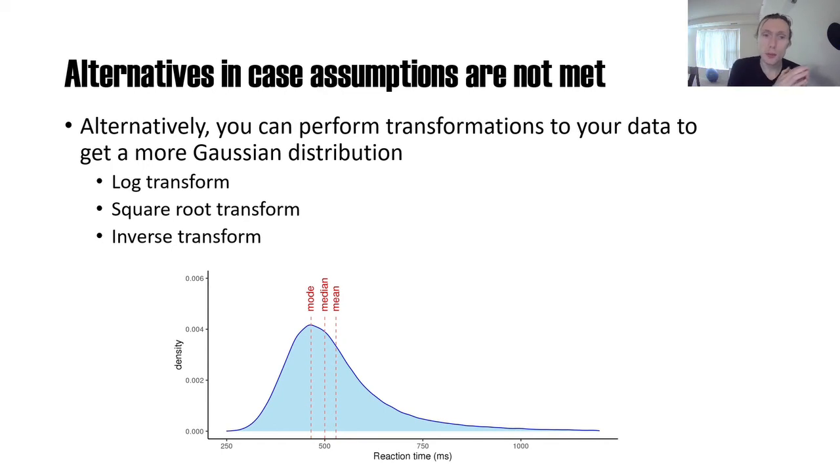And then you would get a more normal distribution as well. And then you can do statistics on this log transformed data. And you will see this in a lot of papers that use reaction time. You will see not reaction time, but log reaction time. That's why they do it, because they transform the data to use their ANOVAs or t-tests.